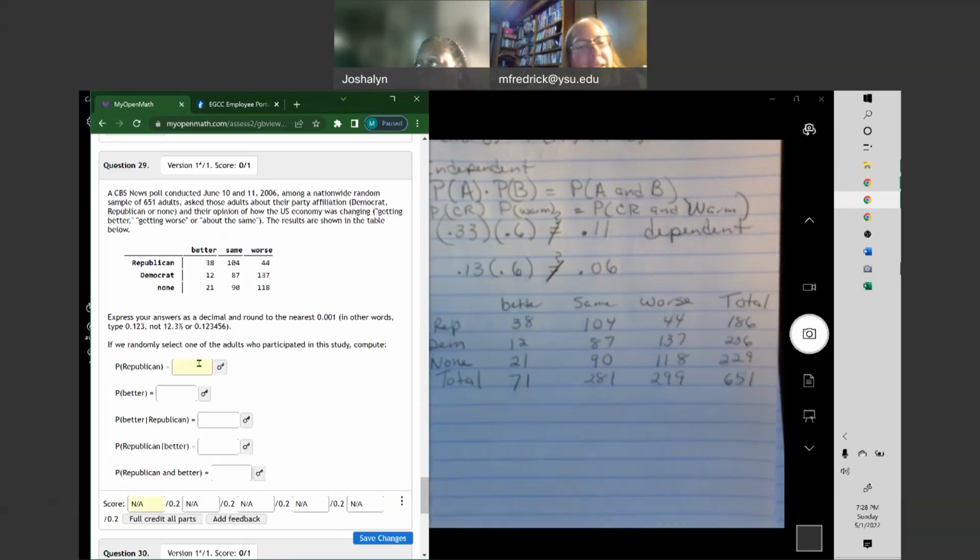If a randomly selected adult participated in the study, compute the probability it's a Republican.